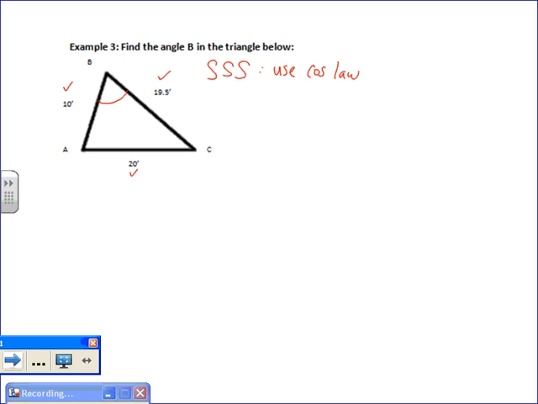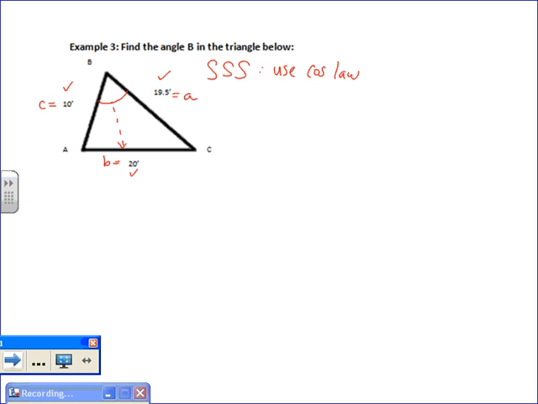That's angle B. And I can see that if I label my sides right away, the side length across from angle B will be side length B, which is equal to 20 feet. And side length A will be across from angle A, so here's my A. And finally, side length C is going to be 10 feet, opposite from angle C. So once I've labeled that, now I can go ahead and find my angle B.